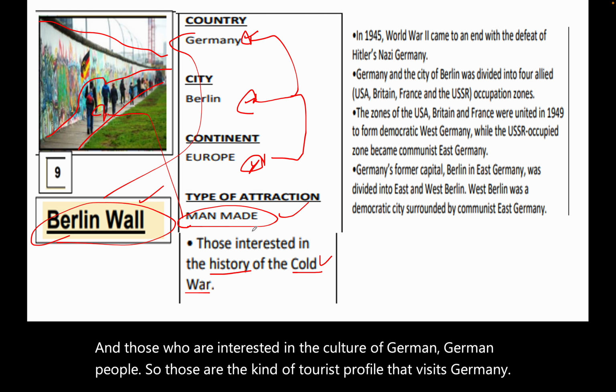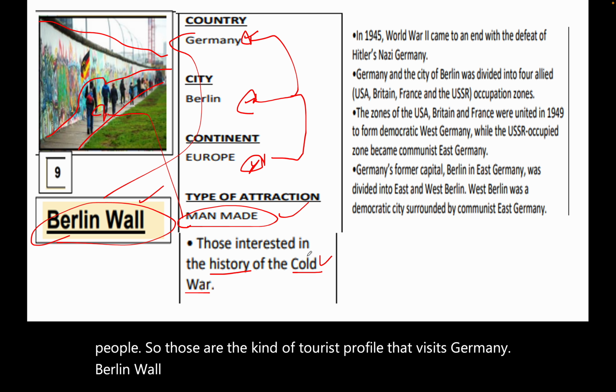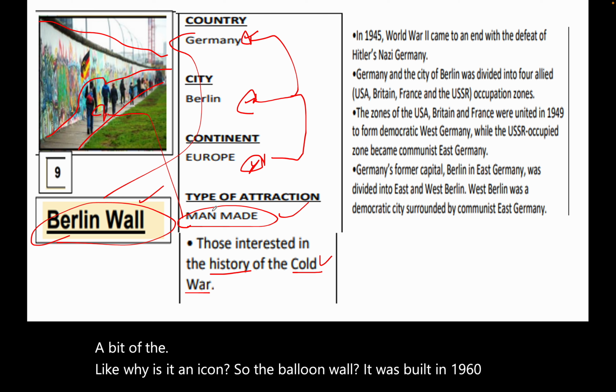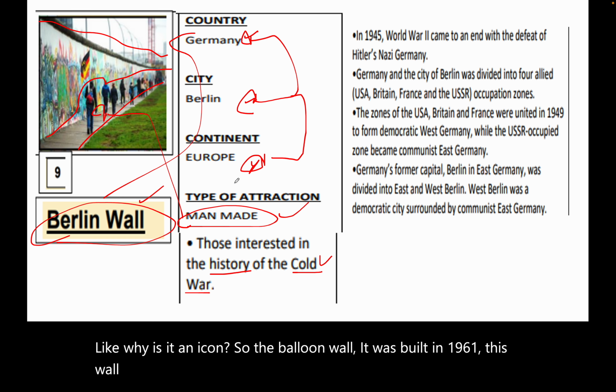Just a bit on why it is an icon. The Berlin Wall was built in 1961 to separate West Berlin from East Berlin.